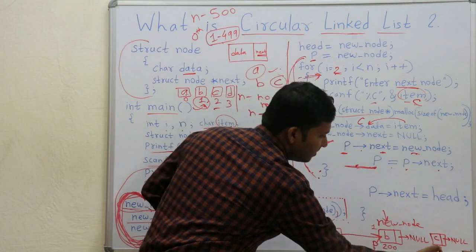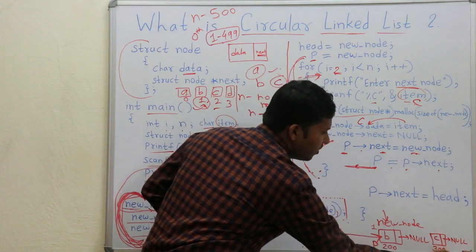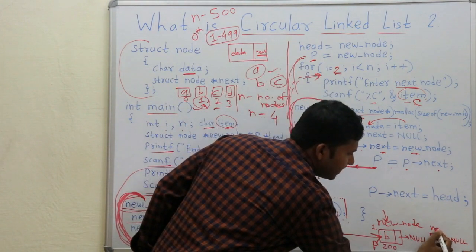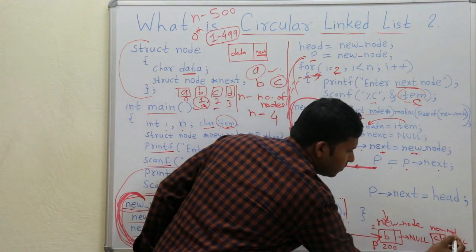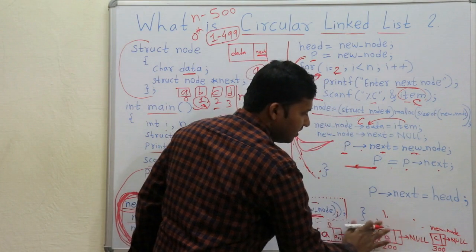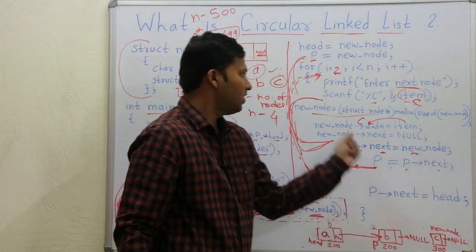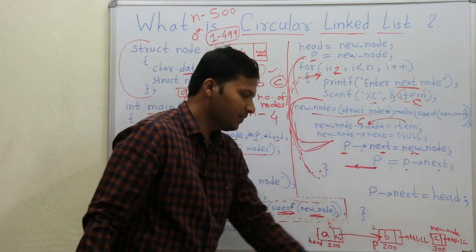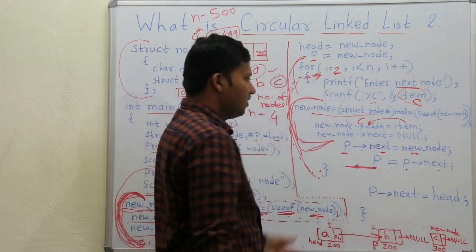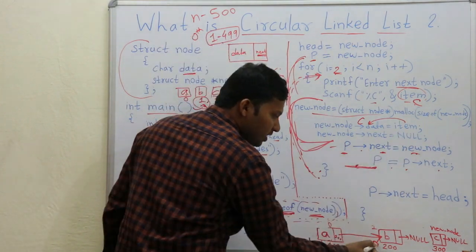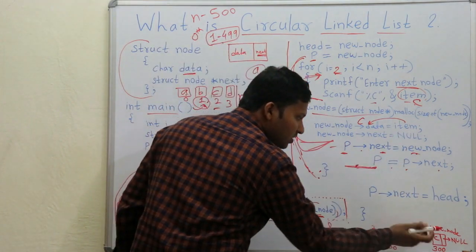Suppose that this node is allocated on memory location 300. So this is the new node created. I will delete this because this is the new node now because of these statements. Now the linking statement, P points next is equal to new node.